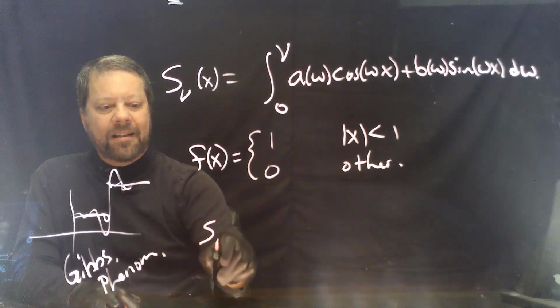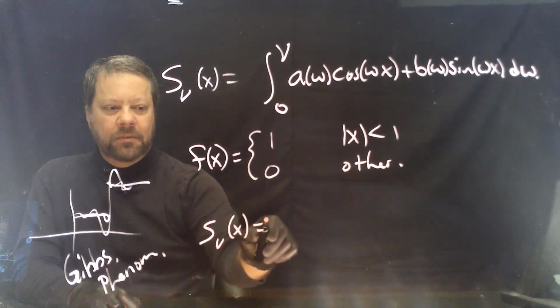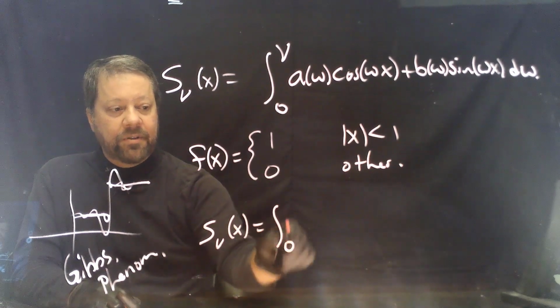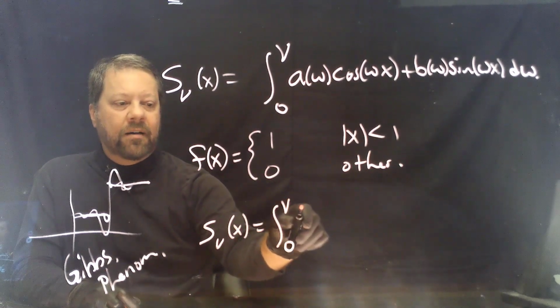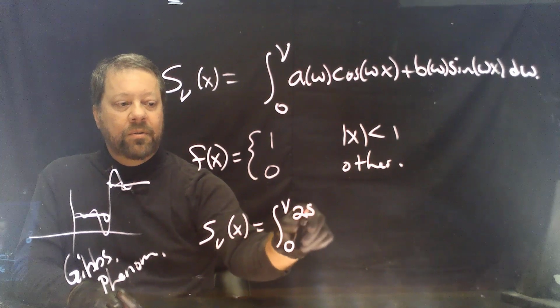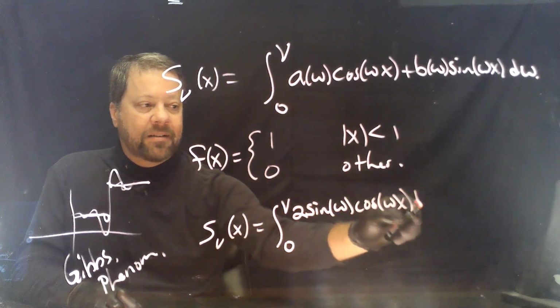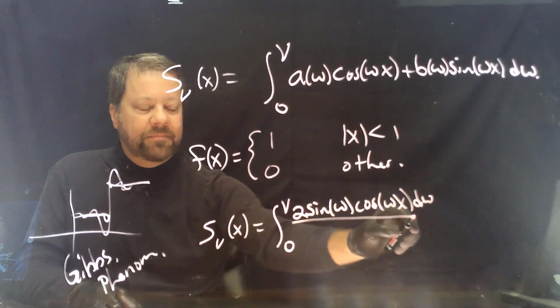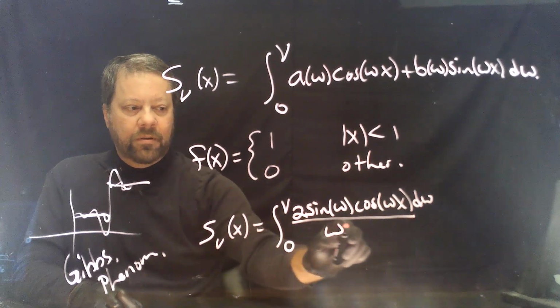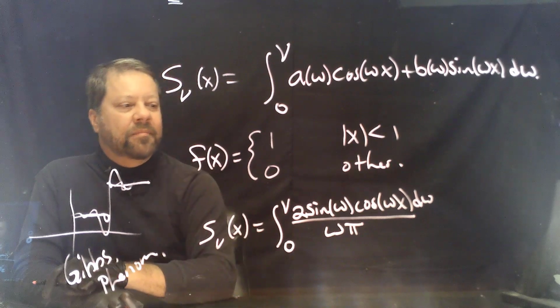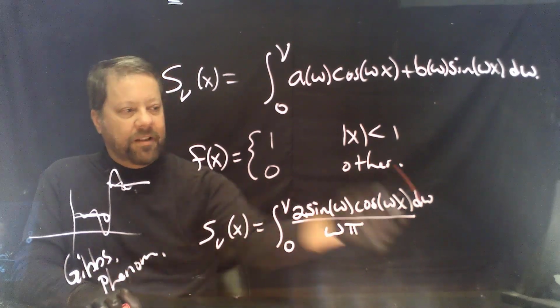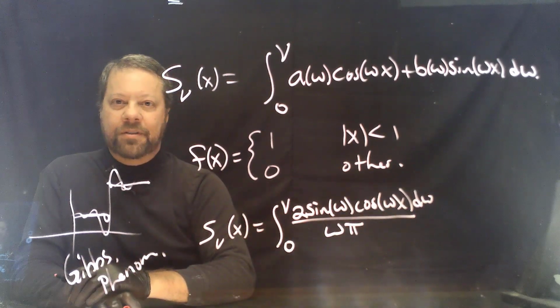If you run through the analysis, you'll get the integral from 0 to nu of 2 sine of omega cosine of omega x d omega over omega pi. The other term has coefficients of 0.